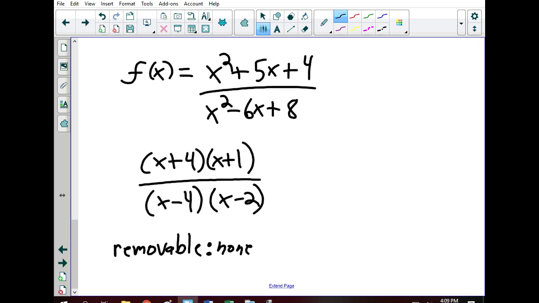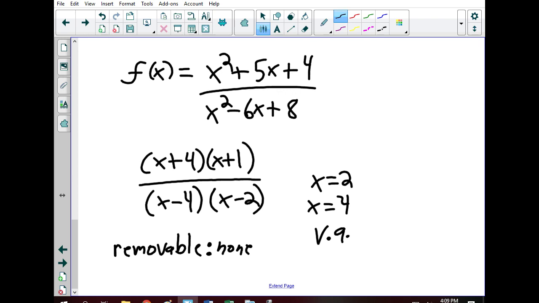However, that means the function is in its most simplified form the way it already was. And whatever makes my denominator 0 in the most simplified form represents the infinite discontinuity or the vertical asymptote. So I have two of those, one at x equals 4 and the other at x equals 2. So x equals 2 and x equals 4 are the vertical asymptotes, which we can also call infinite discontinuities.